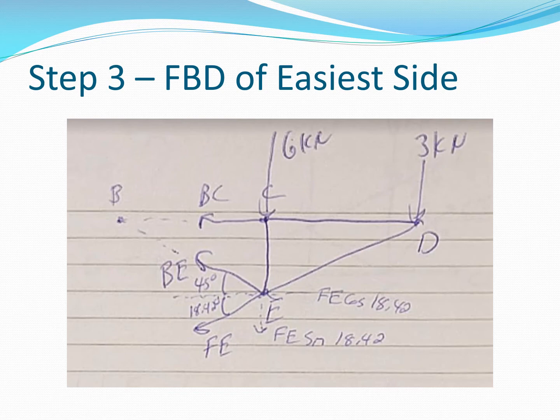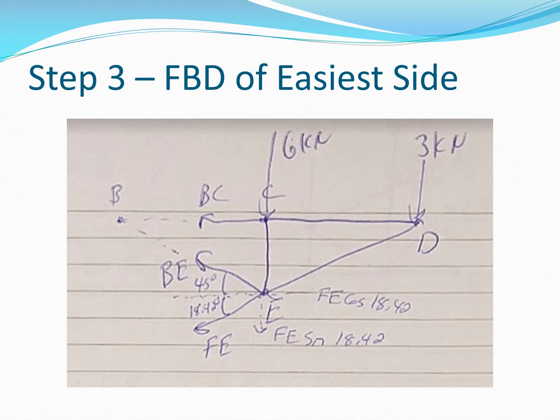Well, I mentioned this in the chapter 6 overview. You will usually want to start with a moment equation, and sometimes you do more than one moment equation. This is one of those examples where I'm going to do that. So I'm going to do two moment equations. The first one I'm going to do at point E, and the second one I'm going to do at point B. When I do the first one at point E, you notice that BE and FE will fall out of the equation, and I'll only have BC left.